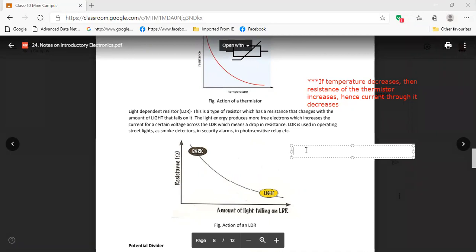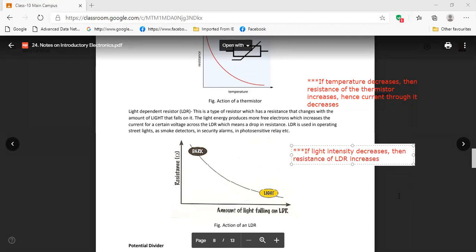If light intensity decreases, then resistance of LDR, we say in short LDR, light dependent resistor, increases, right?